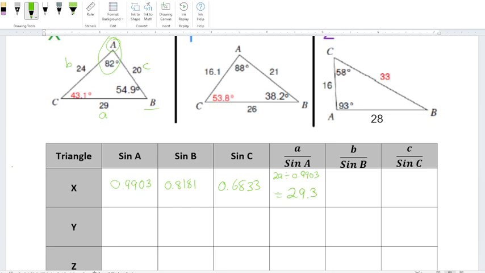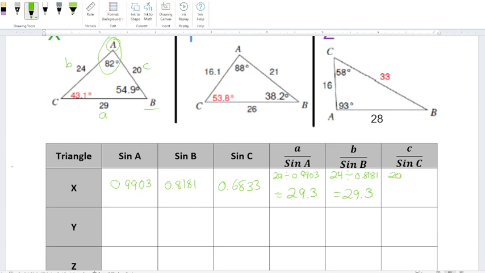Similar for B, so this will be 24 divided by the sine of B, which was 0.8181. That's 29.3. And then for C, side C is 20.